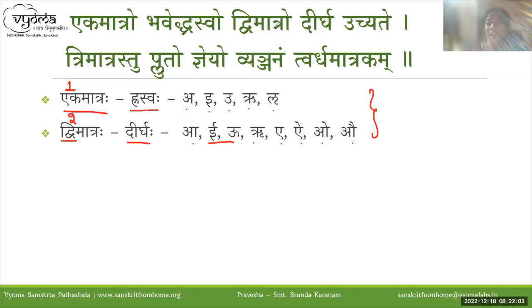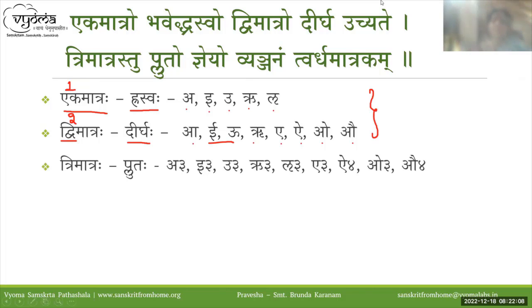Apart from this, we have two more types, which let us learn now. Trimatrastu pluto gneyo says the definition. Trimatraha means three times the time taken. Three is three in Sanskrit as in English. Here, trimatraha means when it is three matra kalas, it is called a plutaswara. If you see this representation, after a, this means 3.